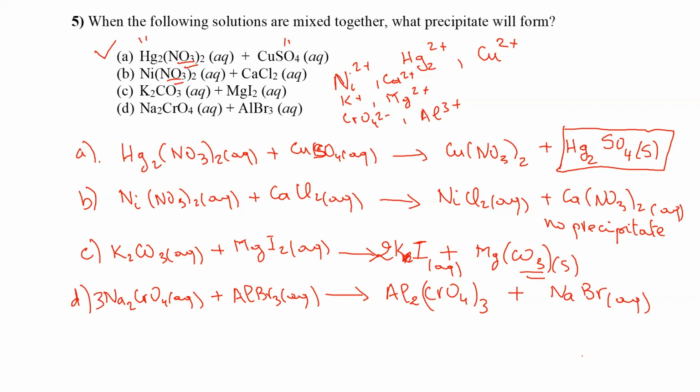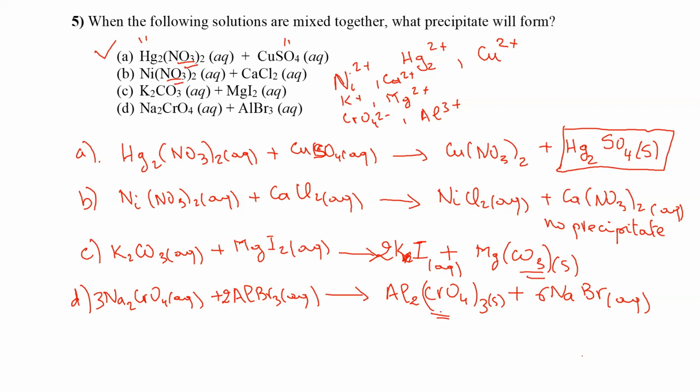You have 2 times aluminum bromide. That will give here 6. And for aluminum, 2 chromate. So we have 3 chromates, 2 aluminum, 6 sodium, 6 bromide on each side. Okay, and this will be solid. So this will be our precipitate.